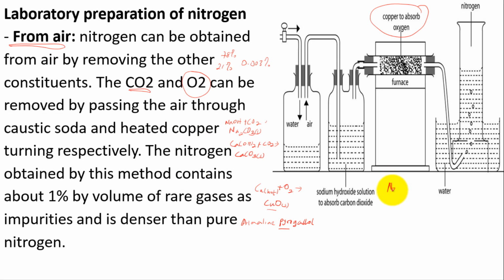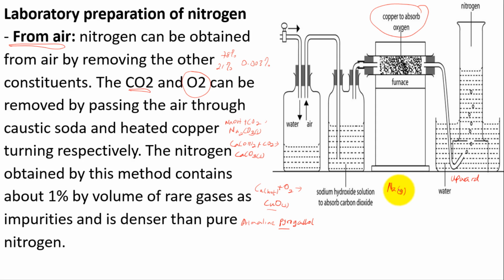Now the nitrogen itself is less dense than air, and it's not extremely soluble in water. Therefore, we can pass it through water, and you see the bubbles coming out. This is what we call upward delivery. And why it's possible is because it's lighter than air in terms of density.